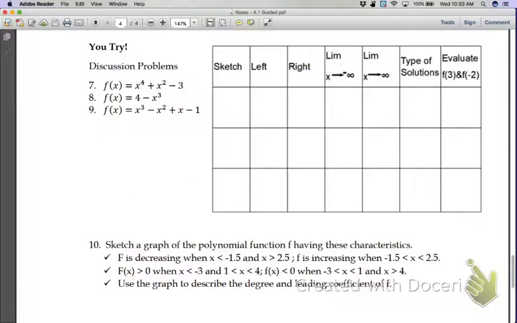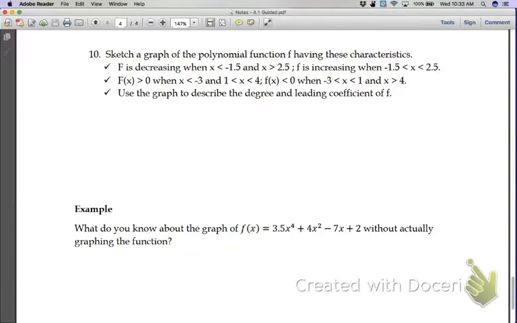Okay. Now, last thing. So if it says to sketch a graph of a polynomial function f with these characteristics. So it has to be decreasing when x is less than negative 1.5 and when x is greater than 2.5.